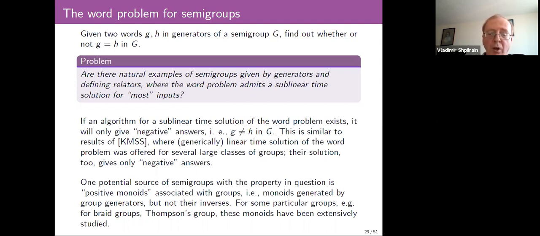That means they are monoids generated by group generators, but not their inverses. And for some particular groups that are very popular in group theory in the last decade, like Thompson's group or braid groups, these monoids have in fact been extensively studied. So let's see what we can do with the word problem in those positive monoids.